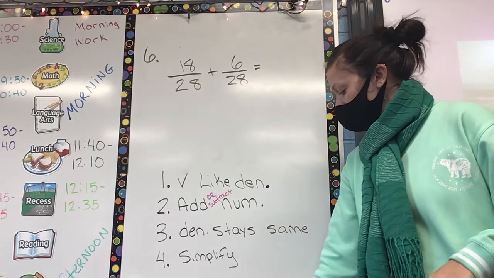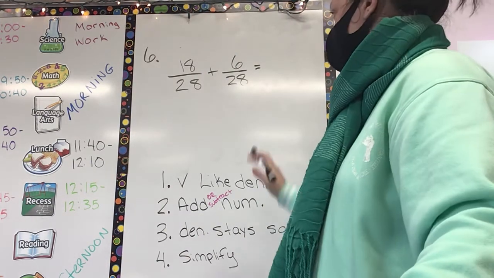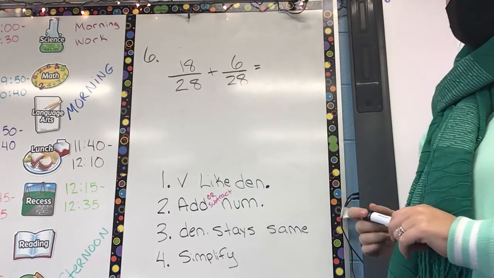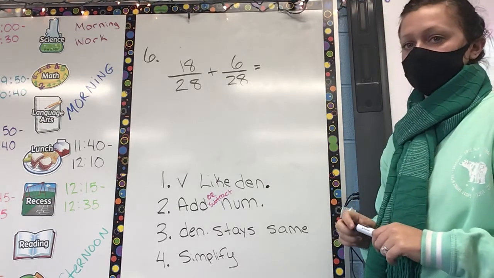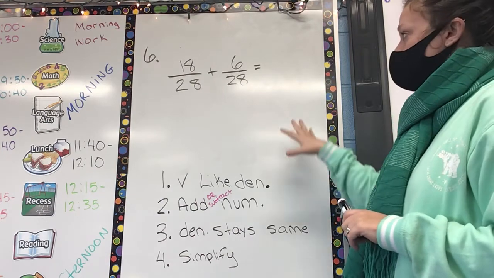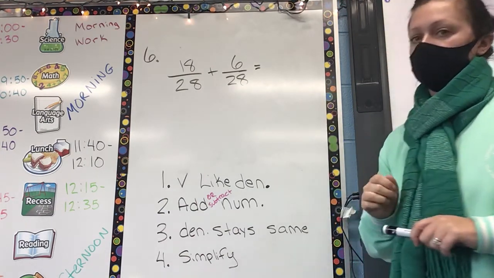I want you to post your answer on recent activity. Post the answer on recent activity. 18/28 plus 6/28. Then I want you to be the teacher. Check your friends' answers. See if you guys agreed or disagreed. Help a friend out if you can.